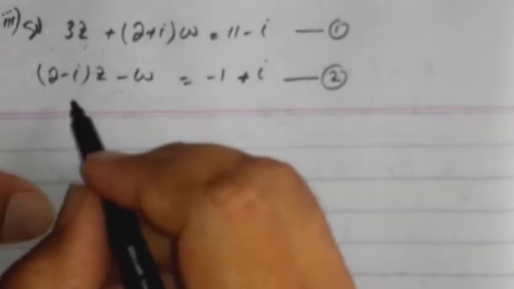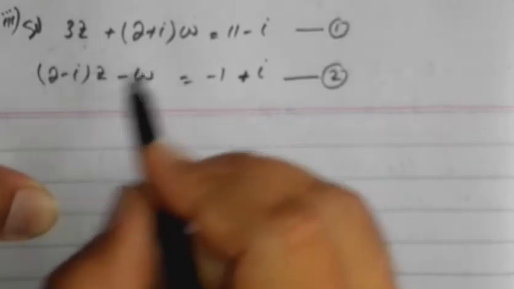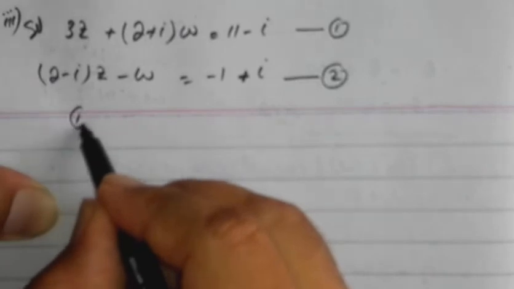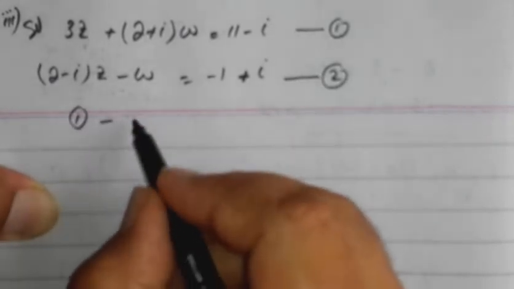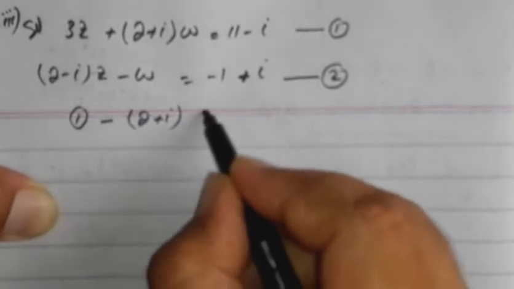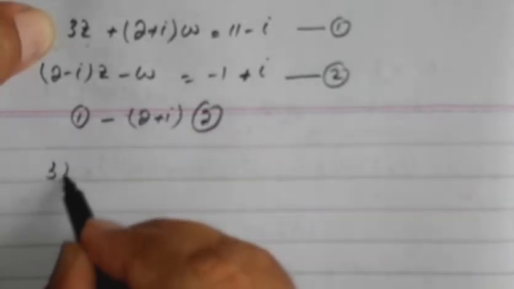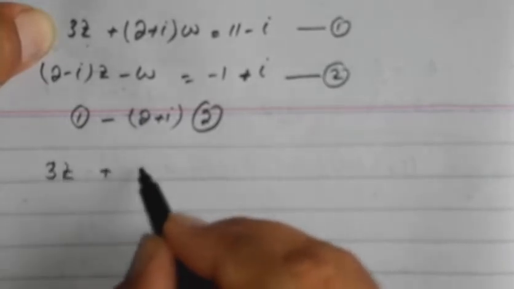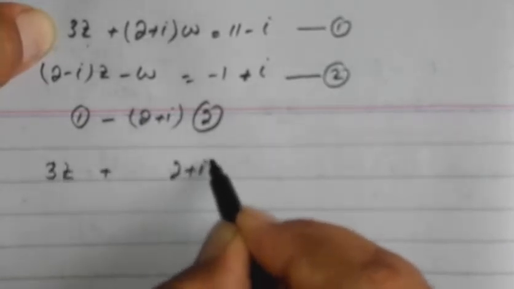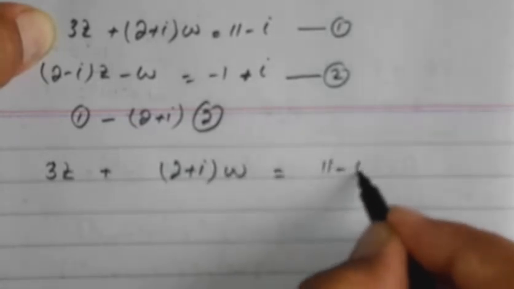So equation 1 minus (2 + i) times equation 2. Look, this equation 1, 3z + (2 + i)w = 11 - i.